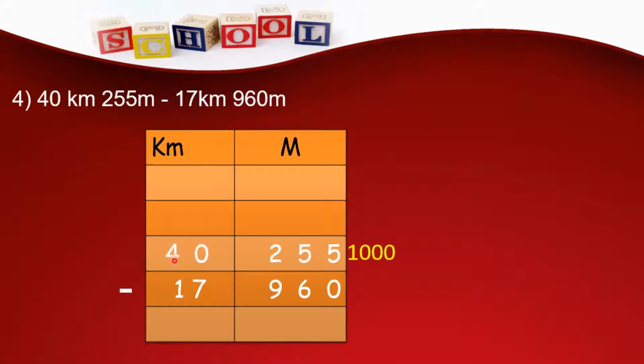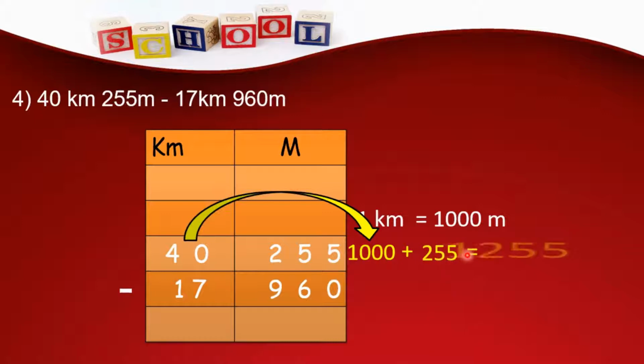We know that 1 kilometer is equal to 1000 meters. So we write here 1000 meters. Now here we have 255 meters, so let us add these to this borrowed 1000 meters. Hence we get 1255 meters in the meters column.